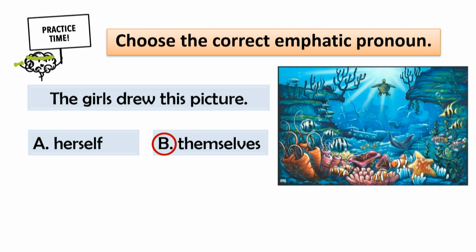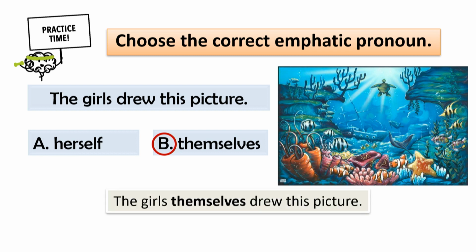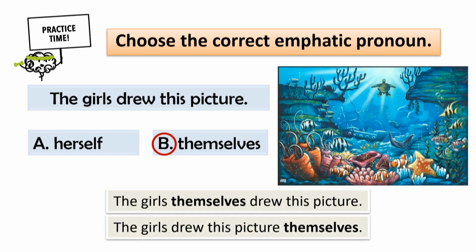Where can you put the emphatic pronoun themselves? Yes, you can put it after girls or at the end of the sentence. The girls themselves drew this picture. Or the girls drew this picture themselves.